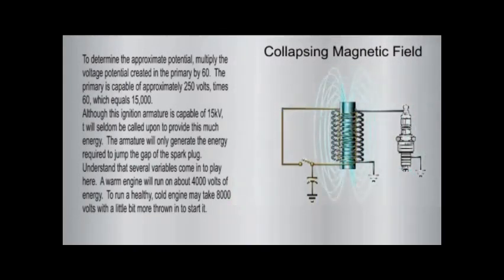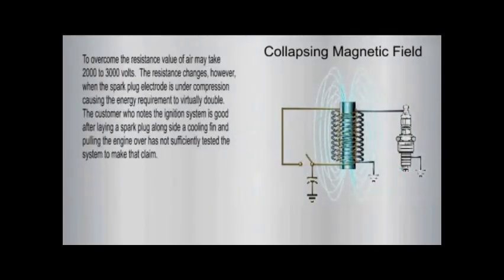To run a healthy cold engine may take 8,000 volts, with a little bit more thrown in to start it. To overcome the resistance value of air may take 2,000 to 3,000 volts. The resistance changes, however, when the spark plug electrode is under compression, causing the energy requirement to virtually double.